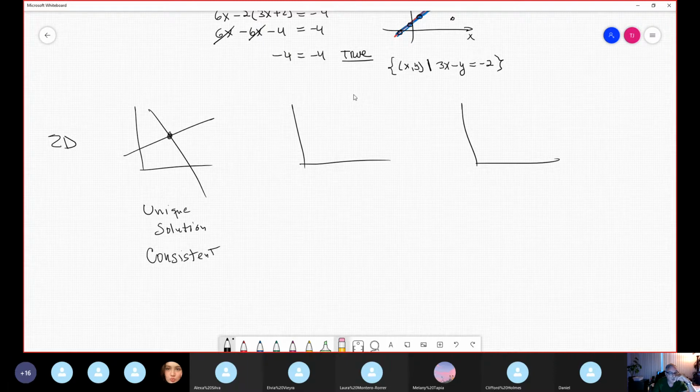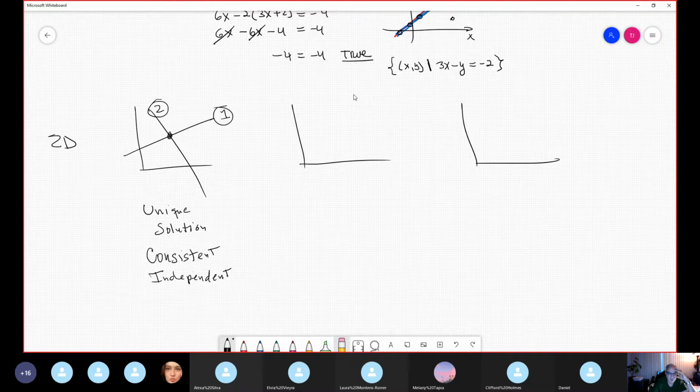Consistent is synonymous with saying that we have solutions. If you have at least one solution, it is consistent. If you have no solution, it is inconsistent. And it is independent. Independent means that equation 1 and equation 2 are two completely different lines.